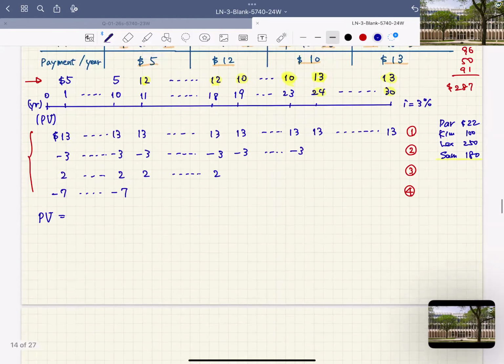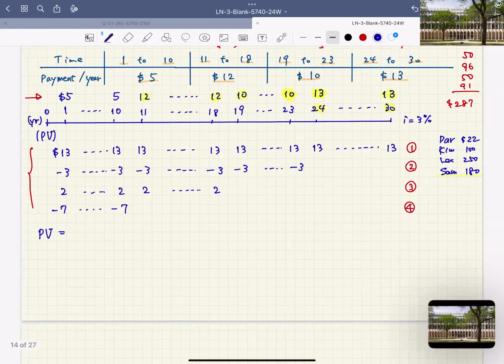And at first, the $13 for 30 years. So that is 13 times a angle 30 at 3%. So this is the present value of cash flow 1. Then the next cash flow is negative $3 for 23 years.